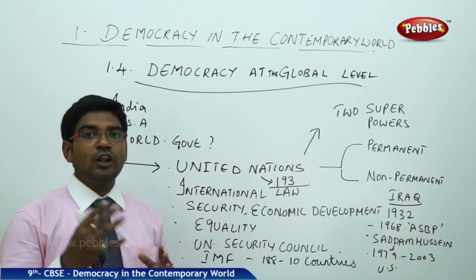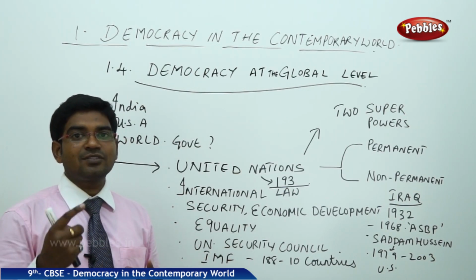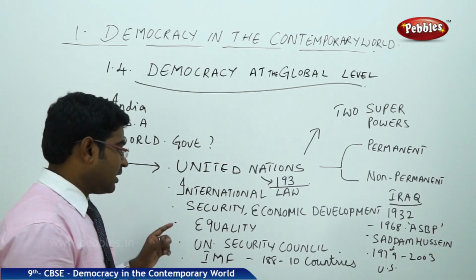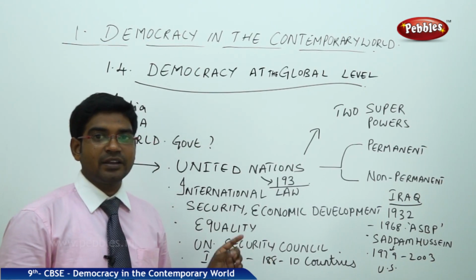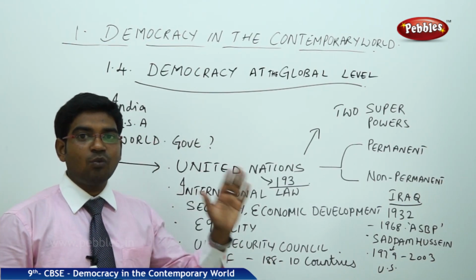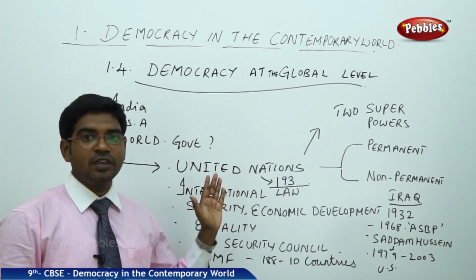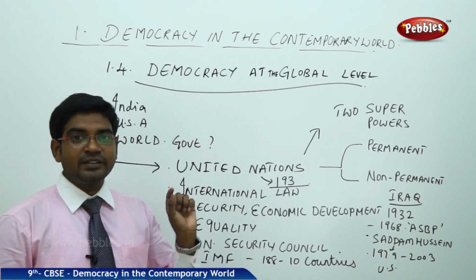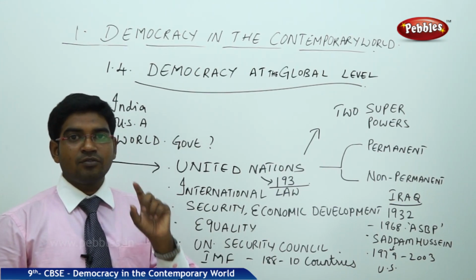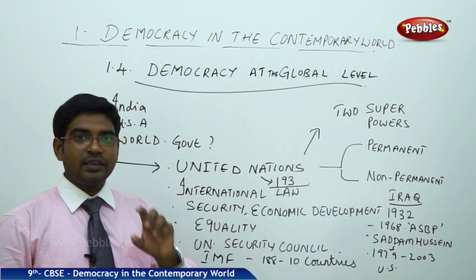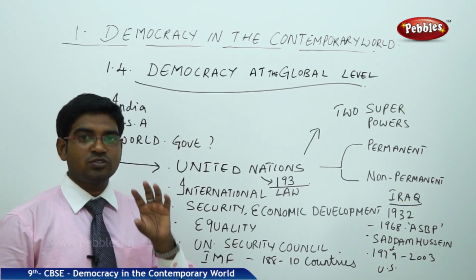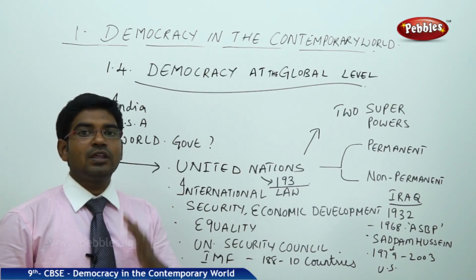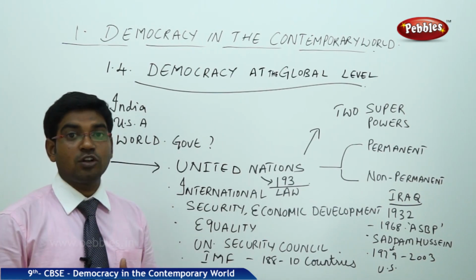And in order to provide loans, we also have the International Monetary Fund. The IMF has nearly 188 countries as member nations, out of the 193 countries which are already members of the United Nations. Though there are 188 countries in the IMF, the 10 large countries like the US, France, Germany, Saudi Arabia, Canada, Japan and others are the larger stakeholders who decide for whom the loan has to be given and for whom it is not to be given.